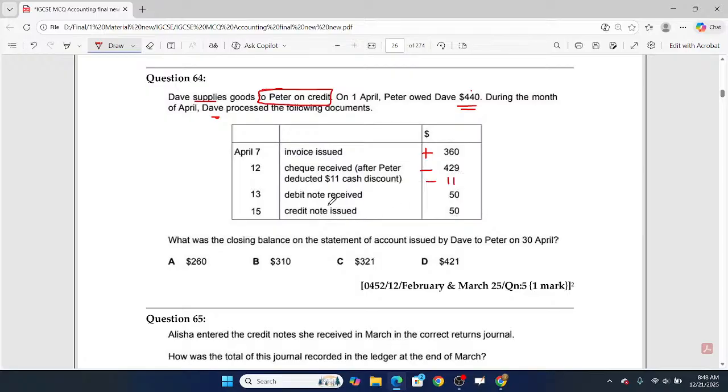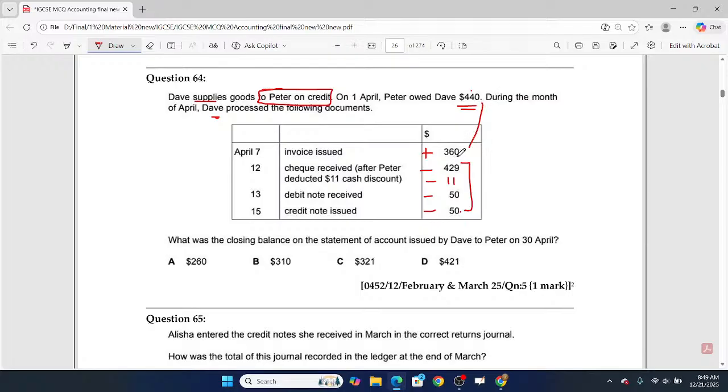And debit note received. Debit note received means we have found some items maybe not good enough, substandard items. So Peter returned that good with a debit note, and credit note issued means we offer a discount that will be subtracted. So you have to add these two and subtract these values.